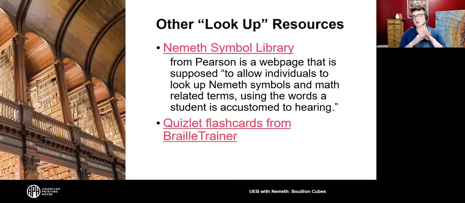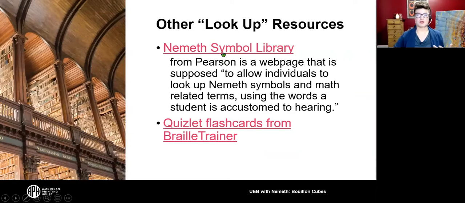And we know no one resource is the end all be all. So there are some other resources that can be helpful in looking up symbols, including the Nemeth Symbol Library, which is a web page from test company Pearson, whose purpose is, quote, to allow individuals to look up Nemeth symbols and math-related terms using the words a student is accustomed to hearing.